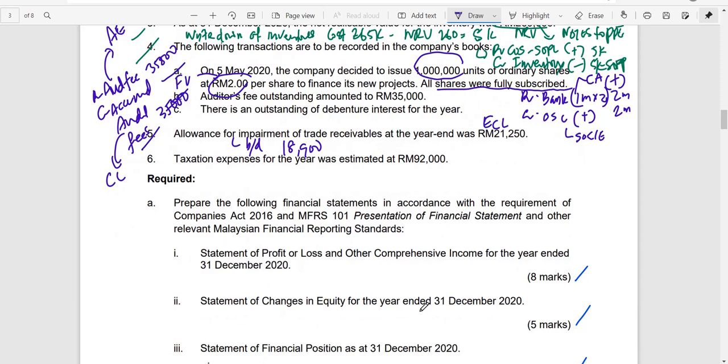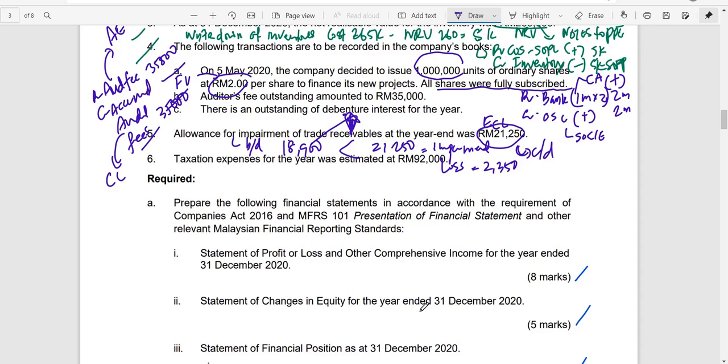So therefore, you just simply compare the one at the end of the year, carried down, 21,250, with 18,900. If you compare, you would see that this is greater. So therefore, there will be an impairment loss, and that impairment loss is the difference of 2,350, and there is an increase because the balance has gone up from the beginning.